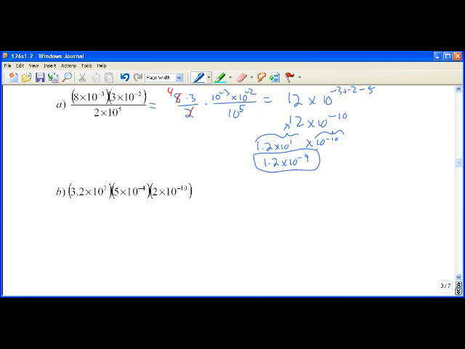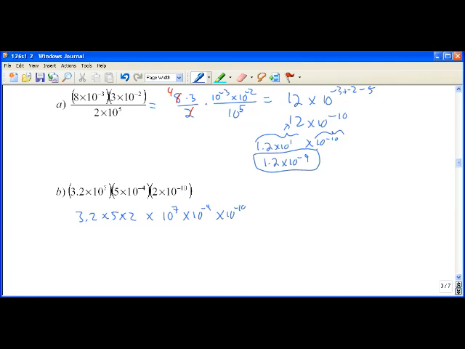Okay, let's do B. 3.2 times 10 to the 7th times 5 times 10 to the negative 4th times 2 times 10 to the negative 10. So we're going to multiply those first parts. 3.2 times 5 times 2 times, and then we have 10 to the 7th times 10 to the negative 4th times 10 to the negative 10th. So I'm grouping them together, the first parts and then the 10 parts.